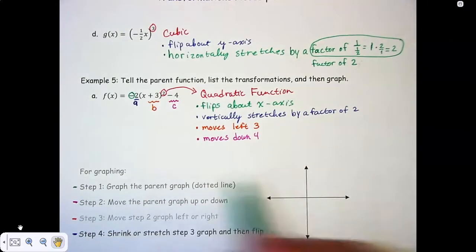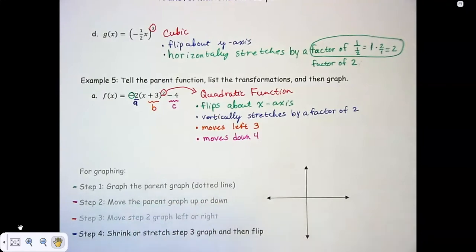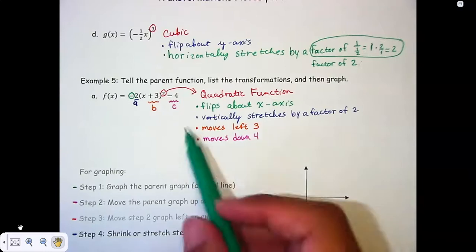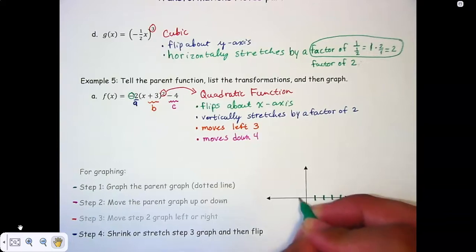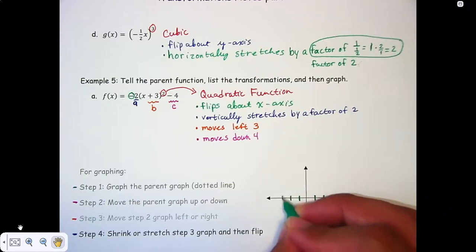All right, so with this, we're going to start off with our parent graph first. Here, the biggest number is 4, so I'm going to do everything to 4, labeling our graph.